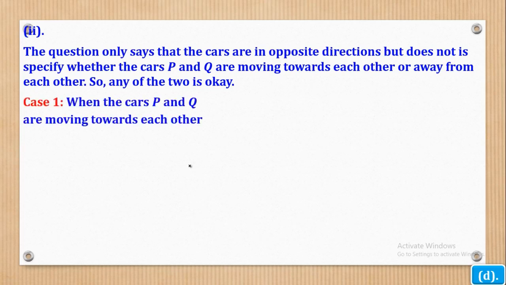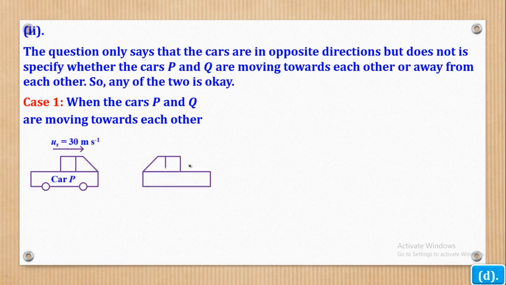Let's look at the first one where both cars are moving towards each other. So the sketch would be as follows. So in this case, they're moving towards each other and in opposite directions.